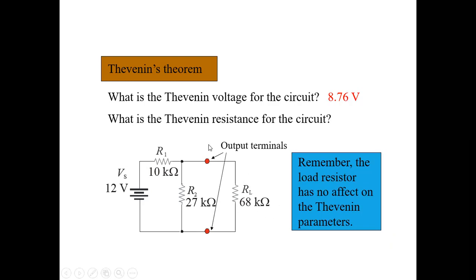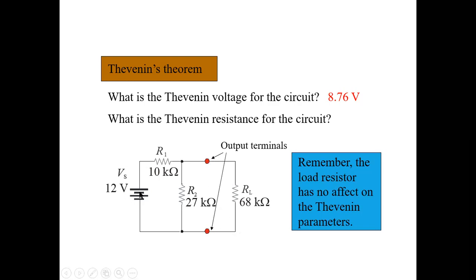If we remove RL, then the 10 kilo ohm and 27 kilo ohm are in series, because that part is open circuit. RL is removed, so there is no current flowing through RL.